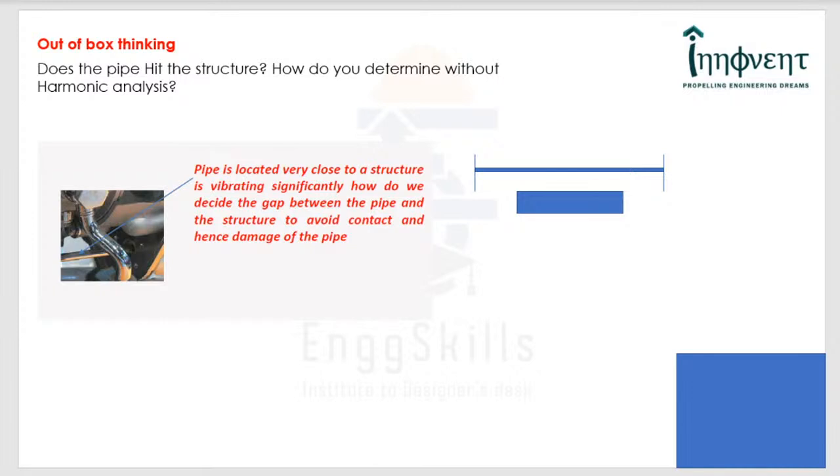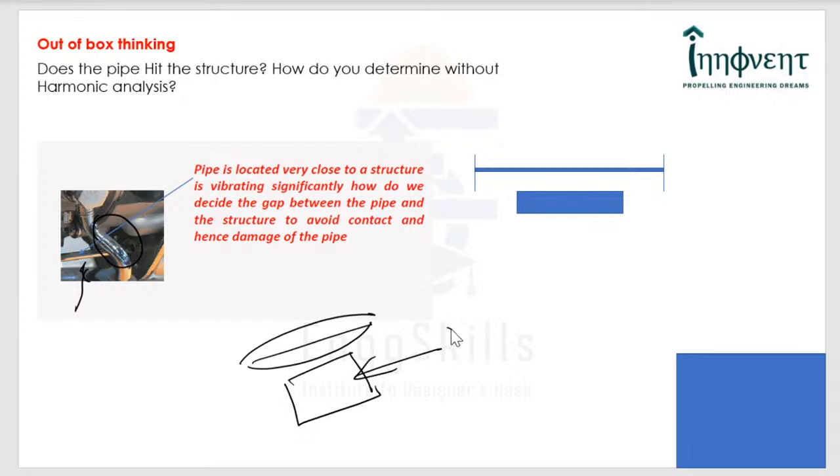It is not just conceiving the failure modes. How smartly you address these failure modes becomes very, very important in an industry. Now, let's take the example of a pipe which is located close to a static structure. Let's say the pipe is vibrating significantly, and there is an apprehension that it may hit the static structure.